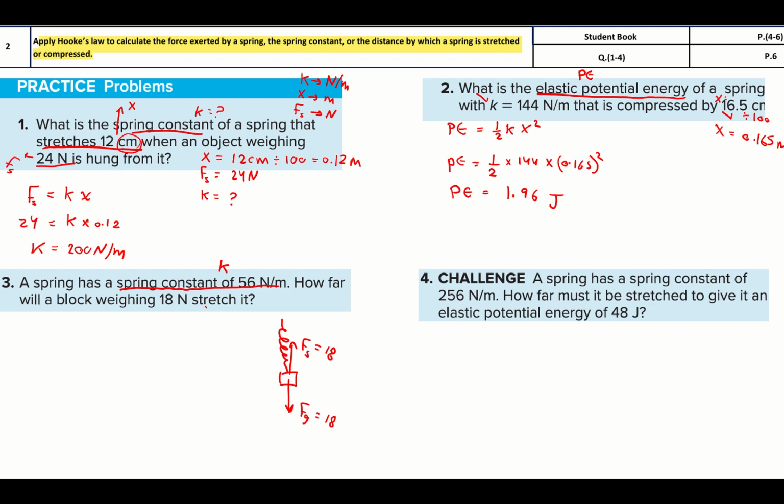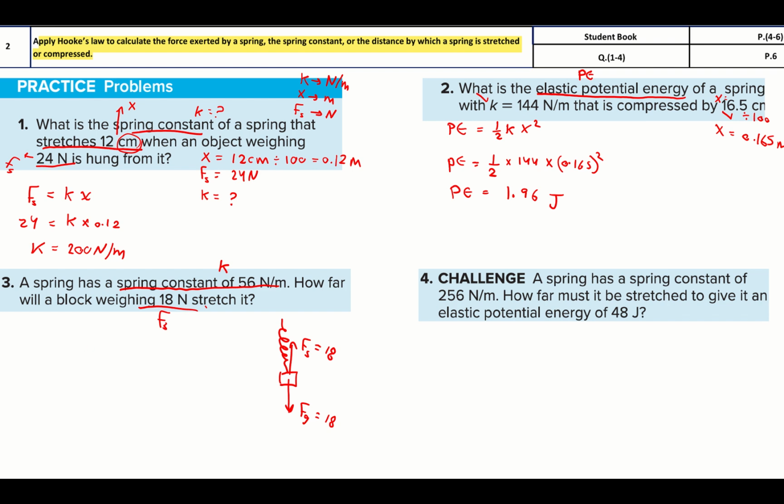Always, when we attach an object to the spring, the spring force would be equal to the gravitational force applied by that object. So here I have Fg, which is equal to Fs.